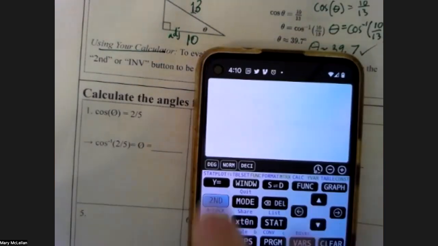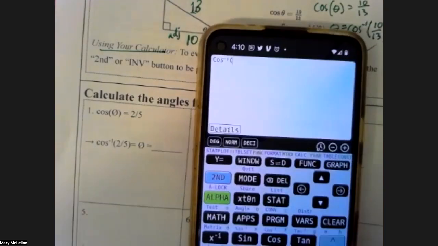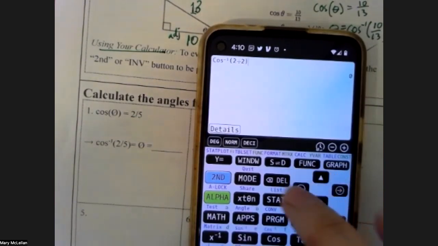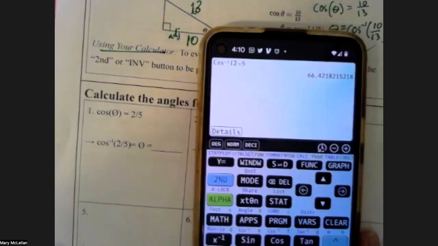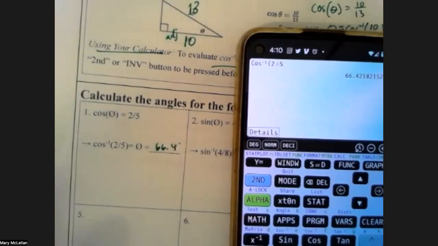So the inverse cosine, I press second, I press cosine of that ratio, and it is 66.4. So the angle is about 66.4 degrees.